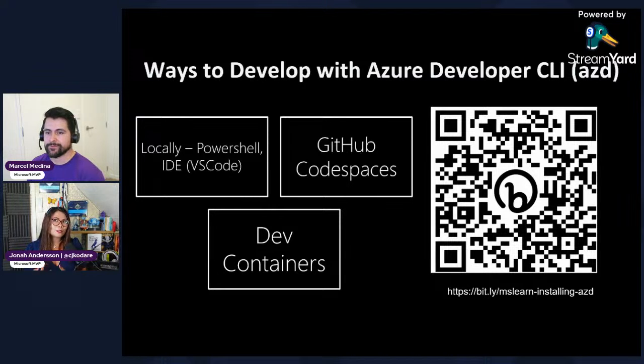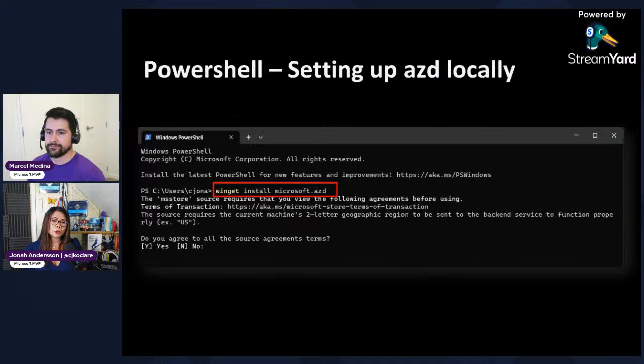Same goes with Visual Studio. It's still a beta version, but local is already a stable version. And then there's GitHub Codespaces, and you can also develop it with dev containers. How to install it is on this QR code.